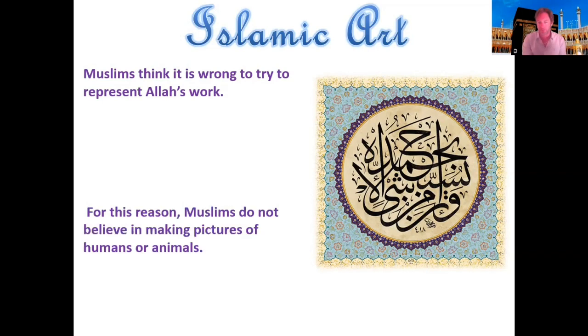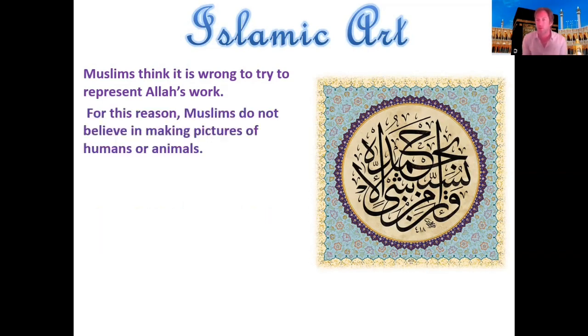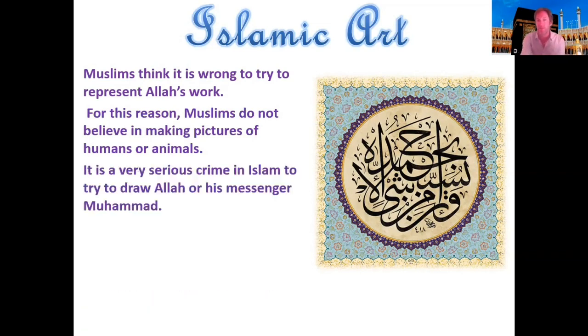So for that reason, Muslims don't generally draw pictures of human beings or animals, definitely not sacred, really important individuals like the Prophet Muhammad, for example. And it's quite a serious crime in Islam to try and draw Allah or represent Allah in an artistic way.